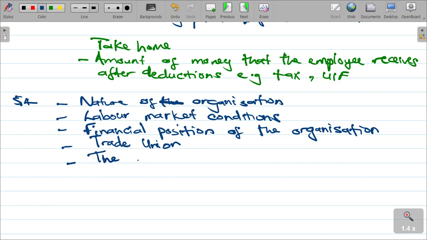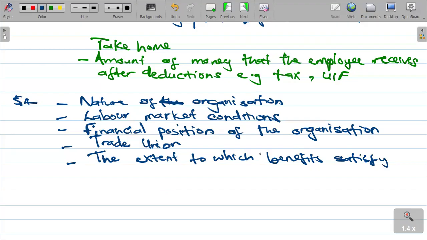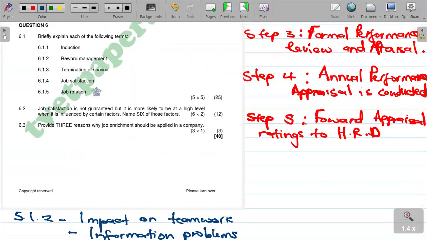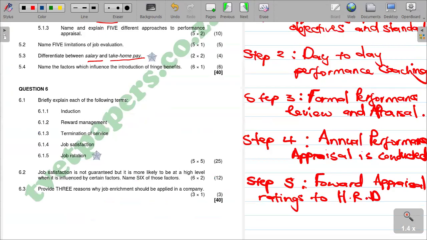Do the benefits satisfy individual needs? So these are the 5 factors which influence the introduction of fringe benefits.